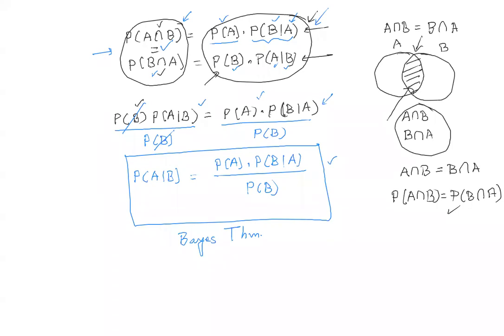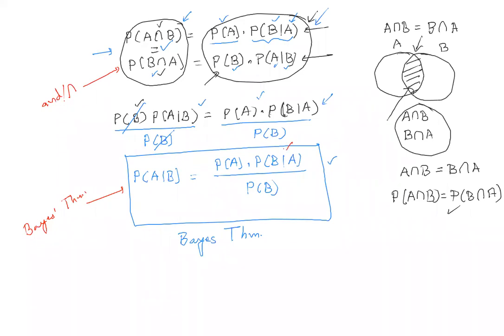Now, there are two things that I have covered here. One is the definition of intersection, which I have defined here. And here I have the Bayes theorem. Now, Bayes theorem is important because in the real world, it has a lot of application. Sometimes you have one conditional probability.